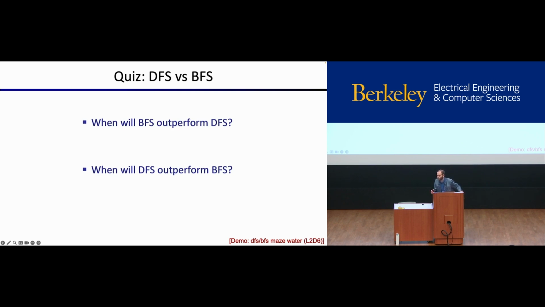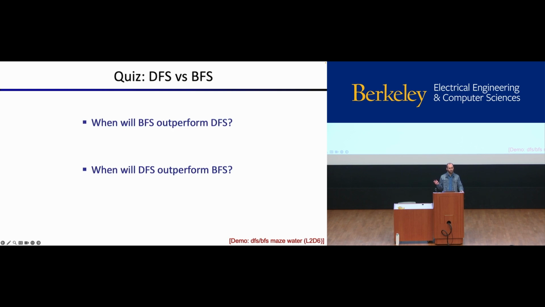Which will do better? Usually, yes. Although there's a circumstance where the costs are all 1 and depth first search would still do better. Yes, you could do, if you get lucky, DFS could certainly do better when you get lucky.